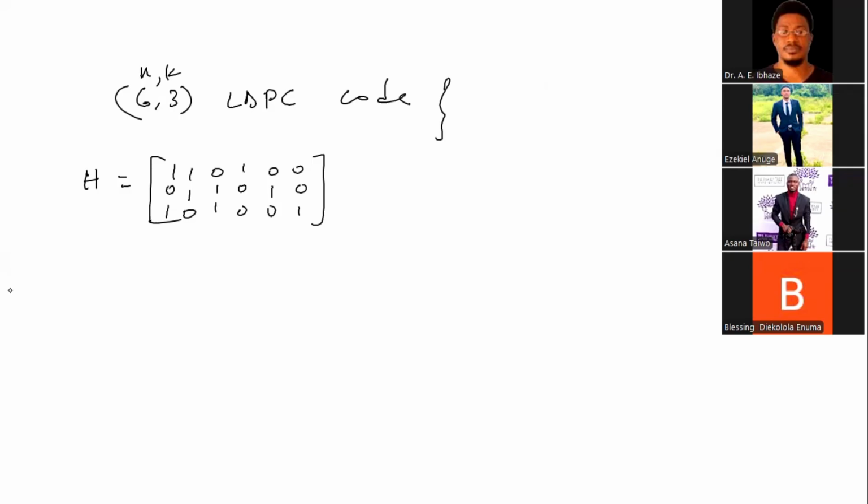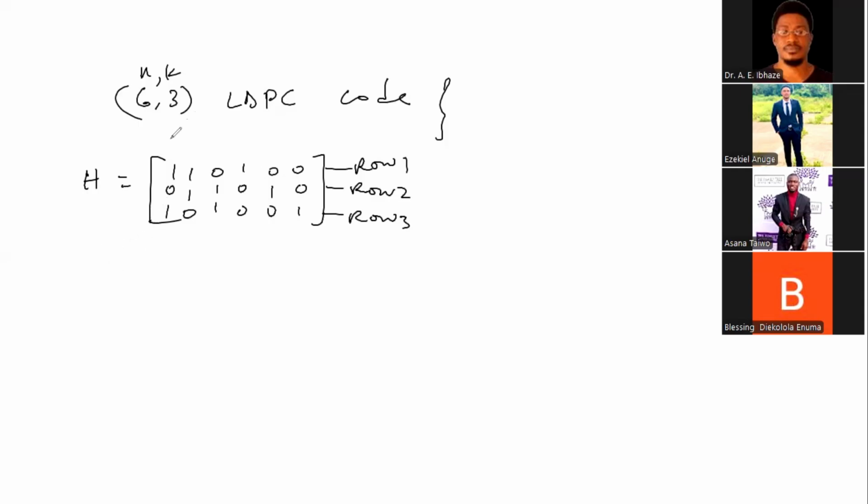We already know we have the variable nodes, the check nodes, and then the edges. We have to connect both the variable nodes and the check nodes. In this case, each row, row 1, row 2, and row 3, forms the parity check equation, as we said earlier. So how do we identify these nodes?